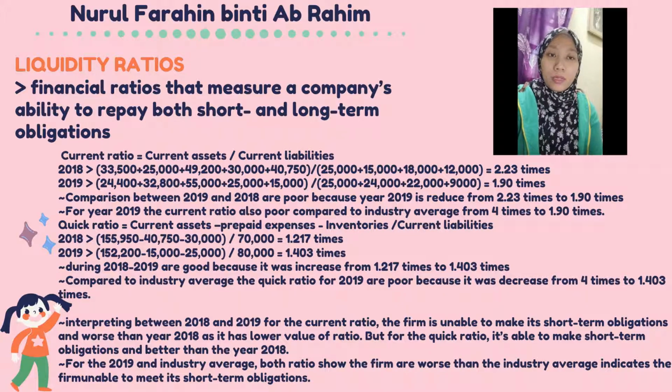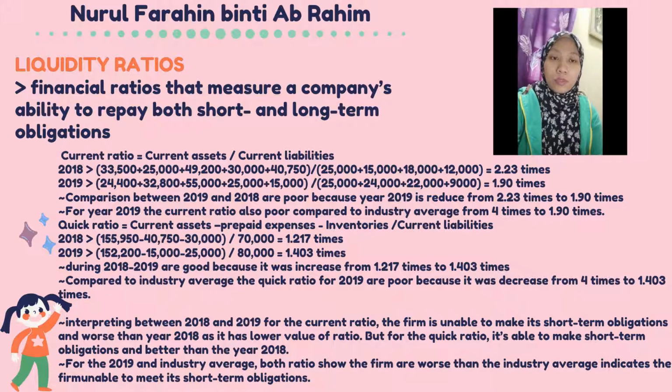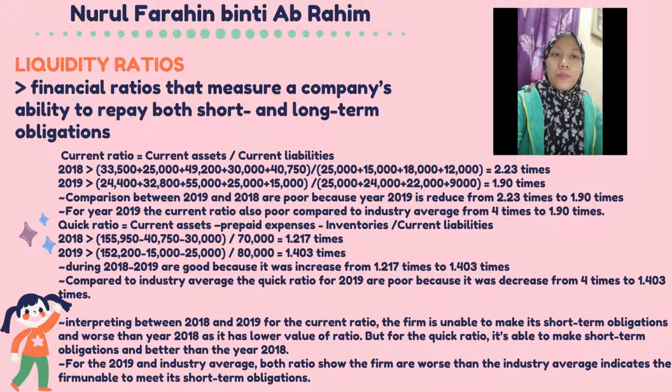So the comparison between 2019 and 2018 is poor, because the ratio in 2019 is reduced from 2.23 times to 1.90 times. For 2019, the current ratio is also poor compared to the industry average, from 4 times to 1.90 times.